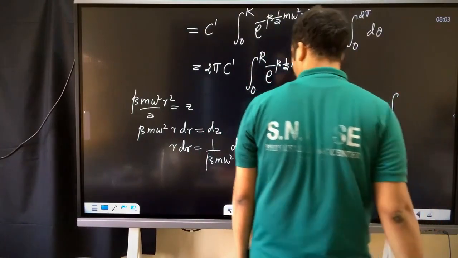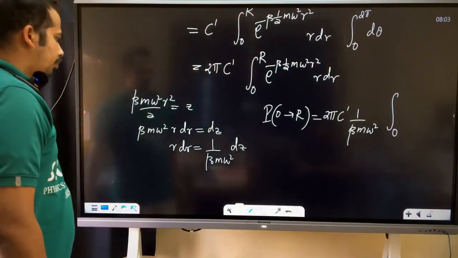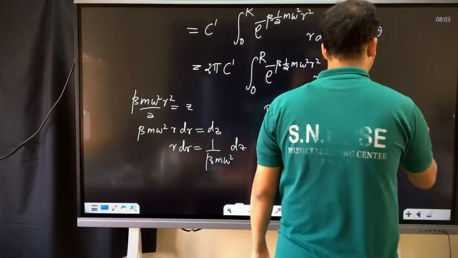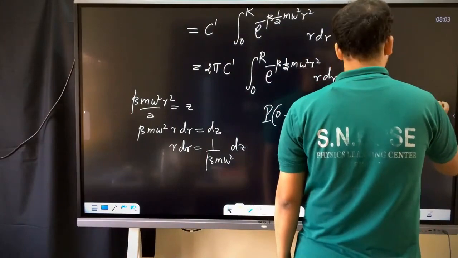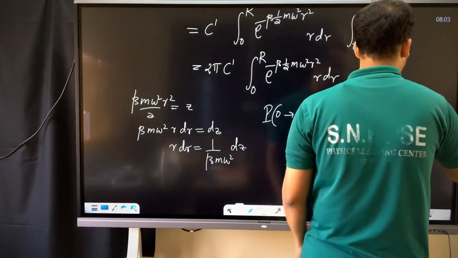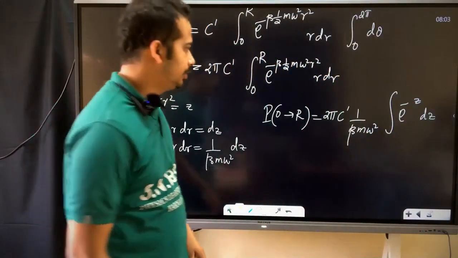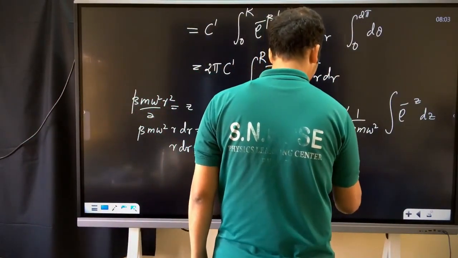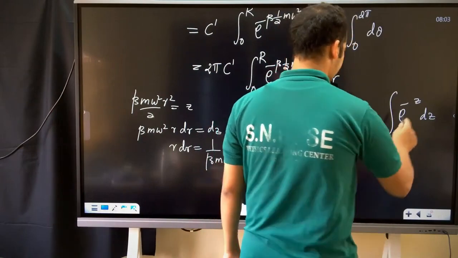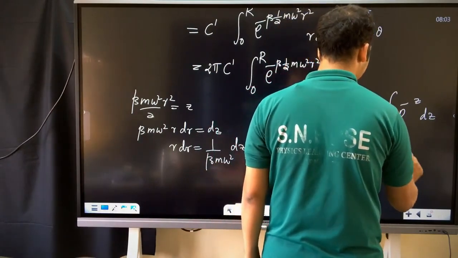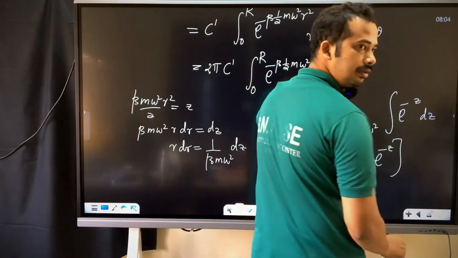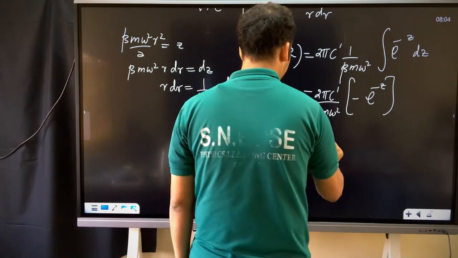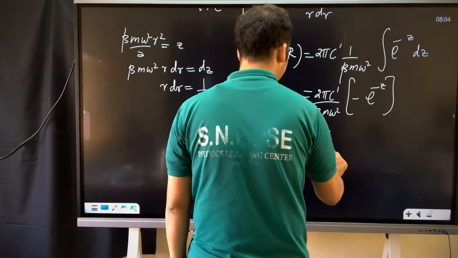I'd better do the indefinite integral, e power minus z dz, which is minus e power minus z. So I get 2 pi c divided by beta m omega square.